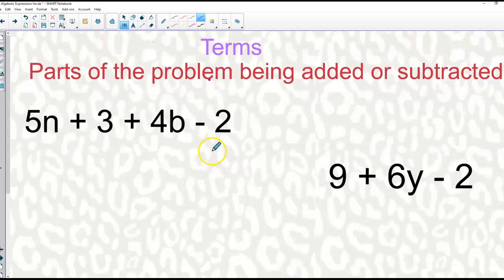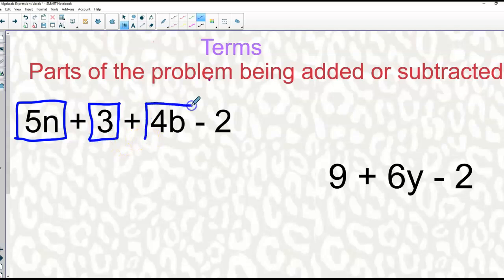If we were asked to pick out the terms of this first expression, I could say that 5n is a term because it is going to be added to this. So 5n is a term, 3 is a term, 4b here is a term, and so is 2.